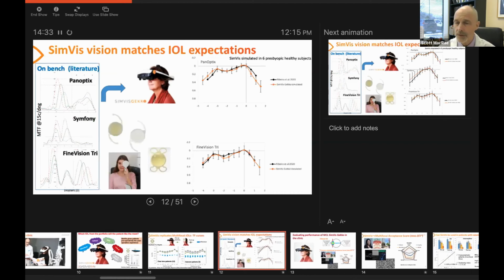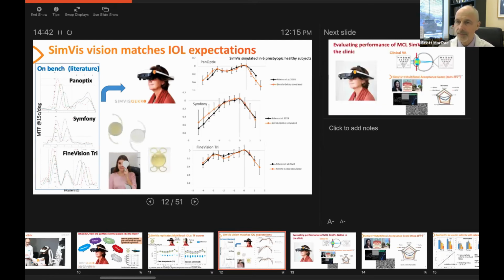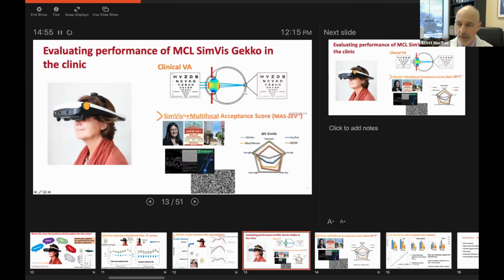So we can use different lens implants, the panoptic, the symphony pattern, the fine vision trifocals. And this just compares the SimVis measured in a group of patients that were presbyopic, developing a defocus curve, and comparing that to the defocus curves that were published in the literature for each of these, the panoptic, symphony, and fine vision trifocal.